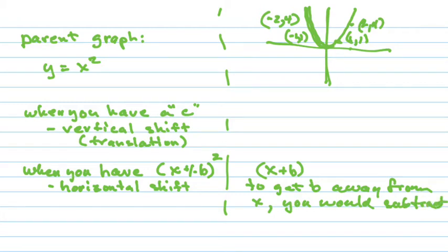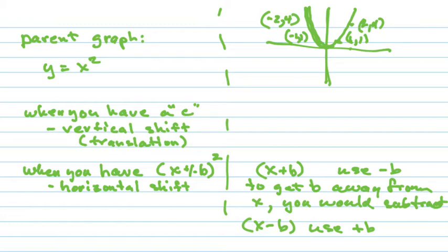Does that make sense? If you pull a b away from an x, it's going to change its sign. So if it's x plus b, then you're going to use negative b. So in other words, your shift is going to be moving to the left. If it's x minus b, then you're going to use positive b. Now the c on the outside is not affected by this.